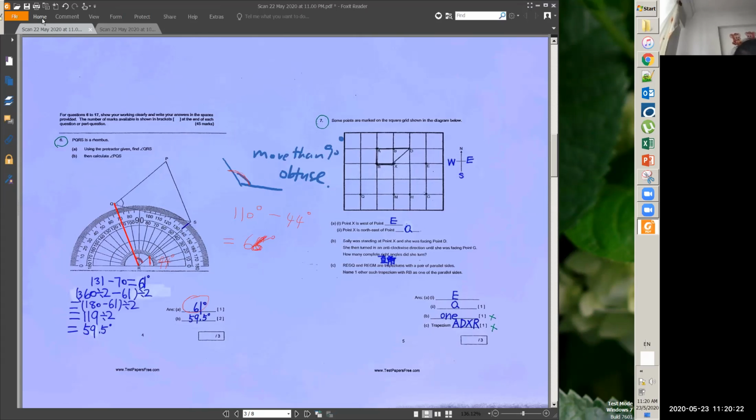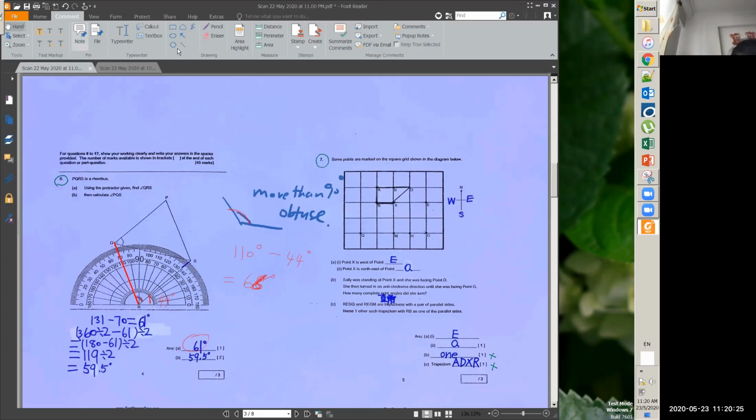So first, find out this angle, which is 110. Then next, find out this smaller angle, which is 44. So therefore, you will get 66. This is the way to find out this angle.